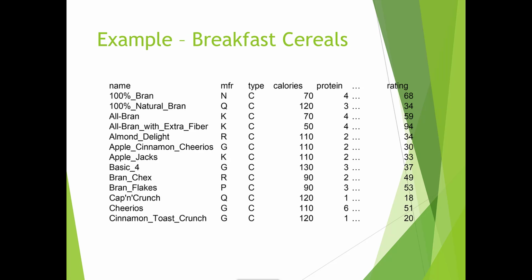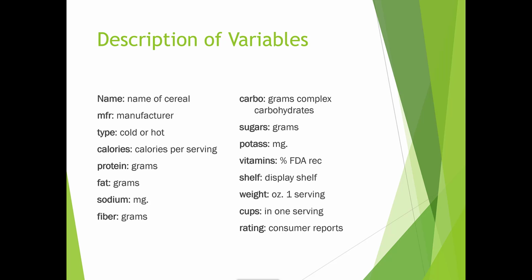So this is the example we're going to look at: breakfast cereal. It has all of these different variables in it. This is a description of each variable. What we're going to do is take just 2 variables and run the principal component analysis to understand the concepts. And then we will run the principal component analysis for all the variables.